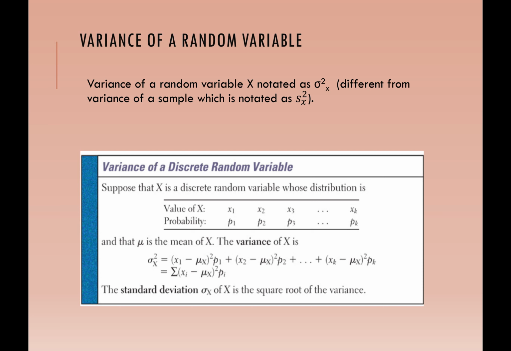Here we're going to multiply by the probability as we go. So we're going to take the random variable value, subtract the mean and square it, and then multiply by the probability. And then we're going to do that for each term, and that's going to give us our variance. Now, if we want a standard deviation, you're just going to square root that.